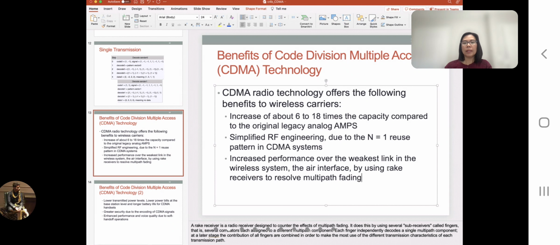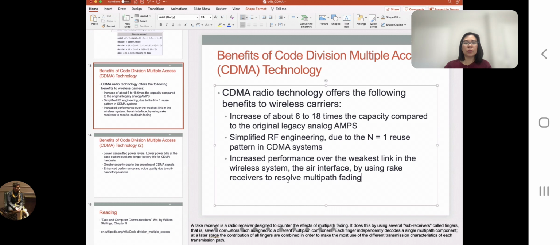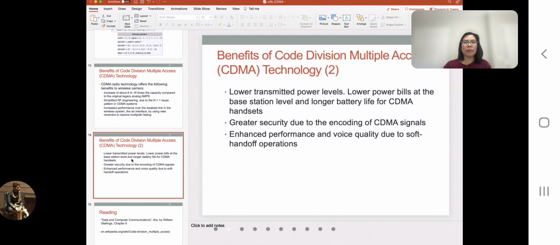But the purpose of a RAKE receiver is to solve the problem of multipath fading, and we can only use RAKE receivers with CDMA.